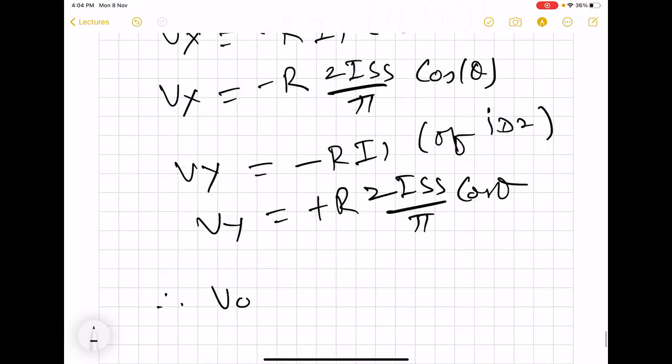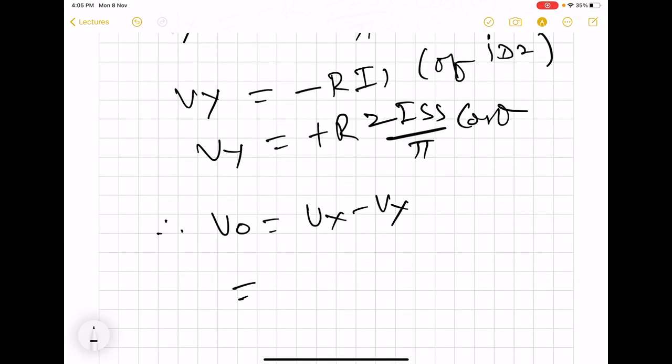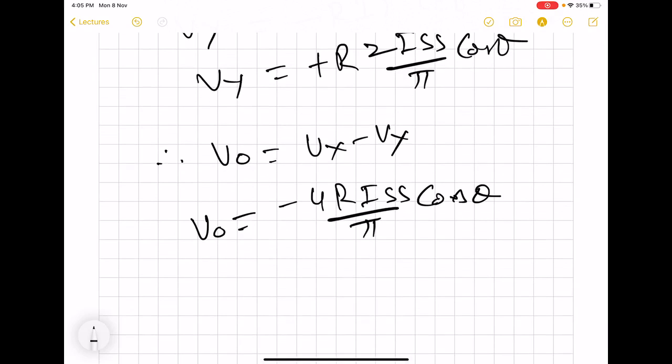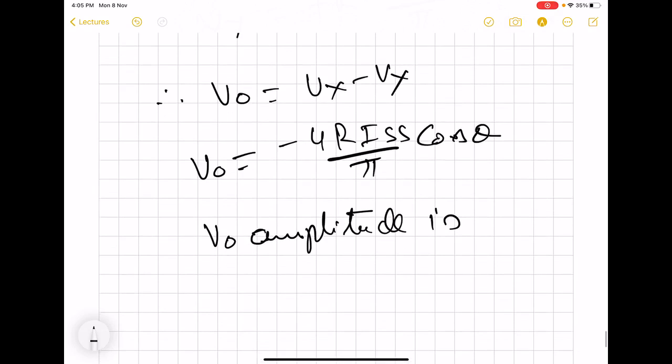Therefore, the output is going to be Vx minus Vy. So this will be minus 4R ISS by pi cos theta. So for this case, when the source voltage is free but the total drain current is fixed, the output amplitude is equal to 4 ISS R by pi.